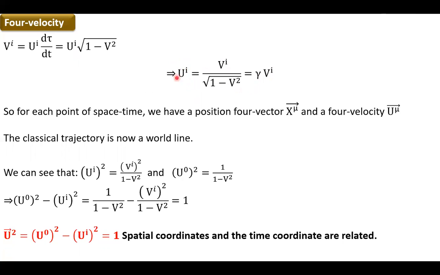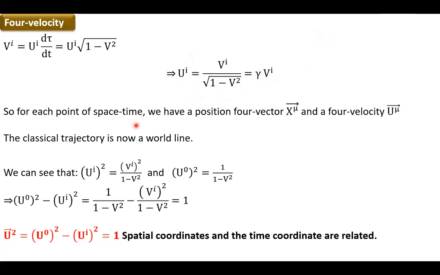So ui, the coordinate of a 4 velocity, is equal to gamma times the coordinate of a 3 velocity. Here we are talking about spatial coordinates, 1, 2, and 3. u0 is just equal to gamma. So your 4 vector velocity is given as u0 is equal to gamma, and ui is equal to gamma vi.